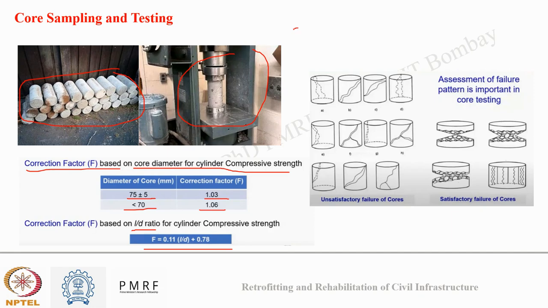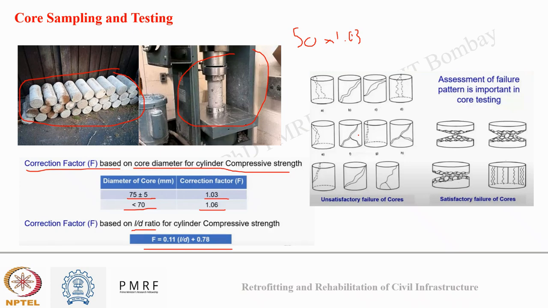Suppose my value was 50, and the diameter variation was in this range, so I will multiply this value with 1.03 to get the actual compressive strength of the core, and accordingly we can apply this correction also.